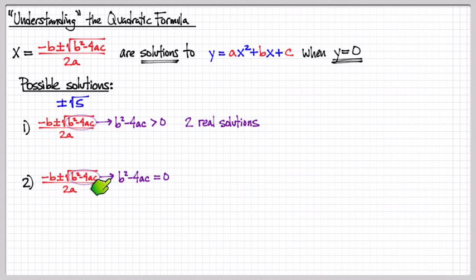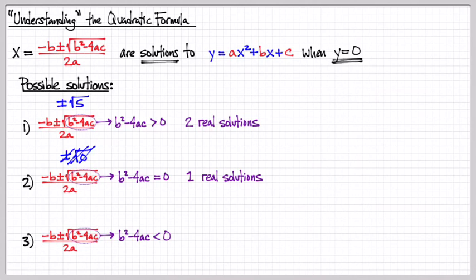Now, in the case that what's inside here is exactly 0, I have plus or minus 0, which I can just cross out the whole thing. I only have one solution. When this is 0, literally this can be completely crossed out.